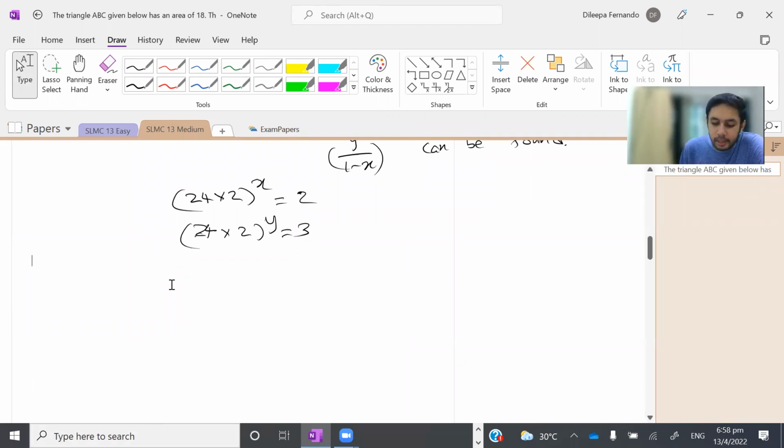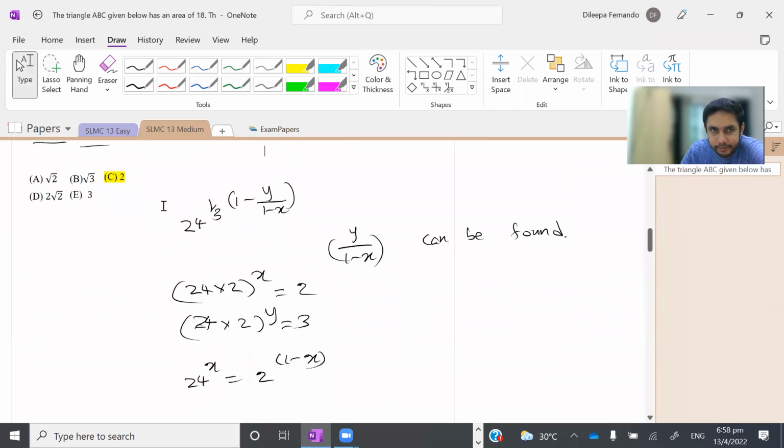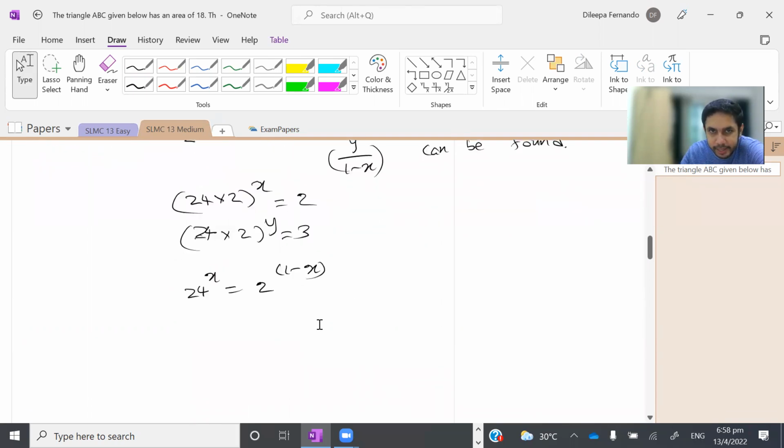Now we can see that, let's do some simplification. 24 to the power x equals 1 minus x. Okay, there's some positive result because you can see 1 minus x here. We have 1 minus x here, the final answer, and you have 1 minus x here. That means we can use it.